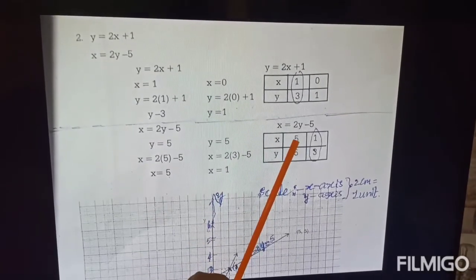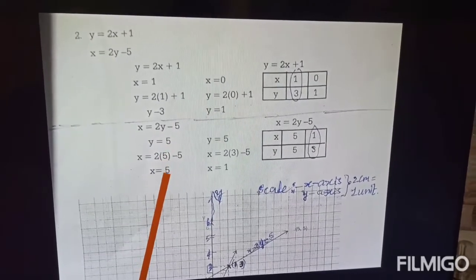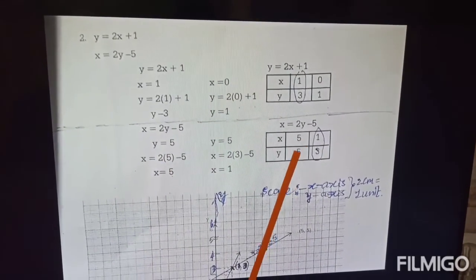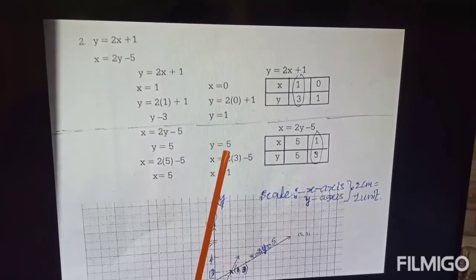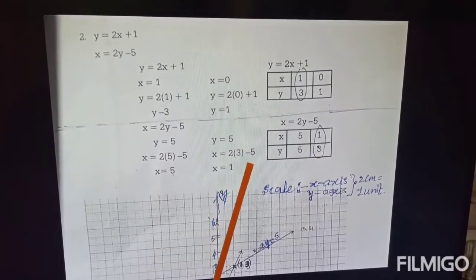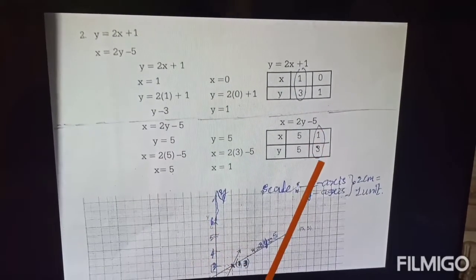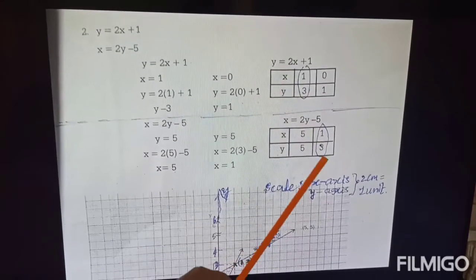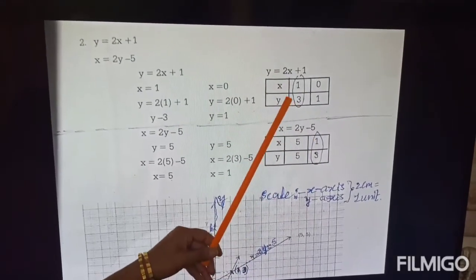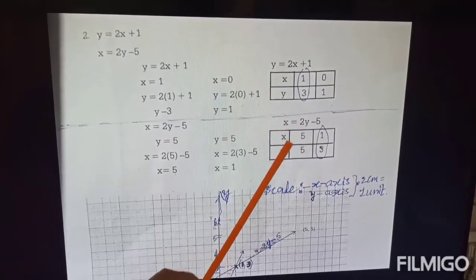We got 5. When we replace the y value 5, we will get x also 5 only. Then when we replaced 3 for y, we get 2 3s are 6 minus 5 is 1. 1, 3. See, both the tables compare each other. Then we got the common point 1 comma 3.